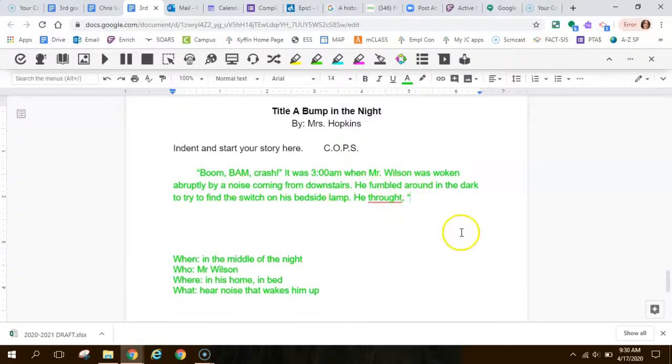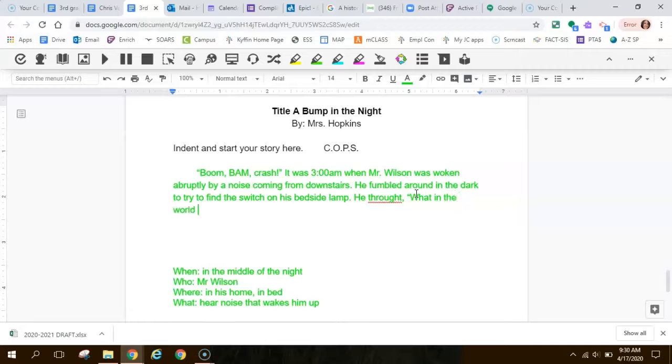So this is a thought, and it's also dialogue, because what he's thinking in his head are his words that he's actually saying in the story. So we will go ahead and put a quotation beginning here. What in the world could that sound be? Question mark, end quotation.